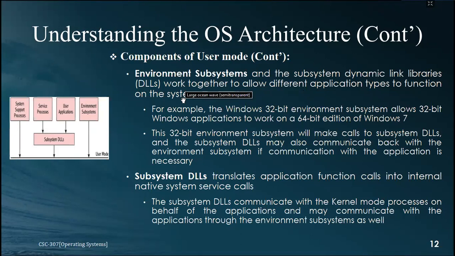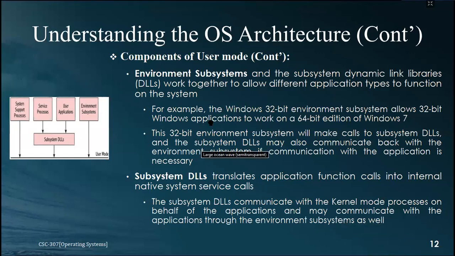When you have different applications, we have seen there are 5 types of applications, so that they can function properly and share different types of libraries, this environmental subsystem dynamically links those DLL files, and they work together to allow different application types to function on the system. If you search in your PC right now, you'll find a lot of DLL files. They dynamically link and make using your computer much more enjoyable and easy.